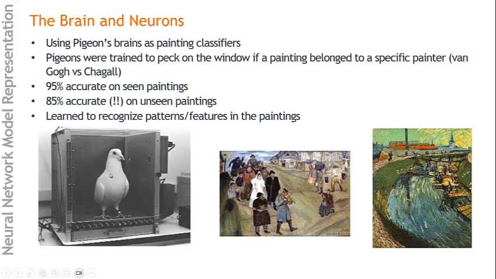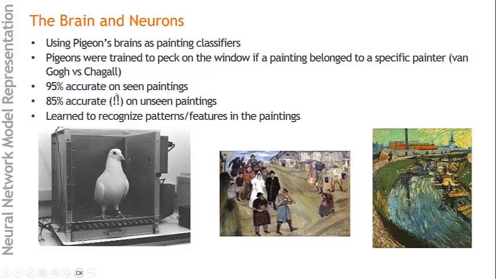And the pigeon would express its guess by pecking on a dot or something like this. Now, it turns out that if you train a pigeon on a particular set of paintings, after some time, it can become 95% accurate to correctly identify the painting that it's seen before. So it remembers.